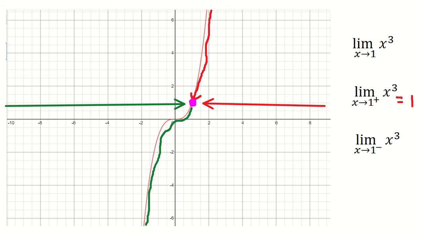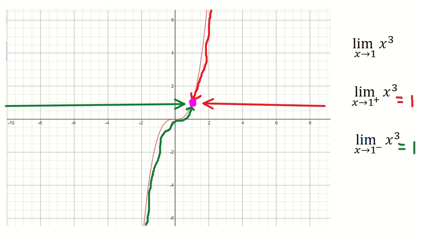Now we've reached x equals 1, and as you move along this green path, the y value of x cubed goes to 1. So the limit as x approaches 1 from the left of x cubed is also equal to 1.